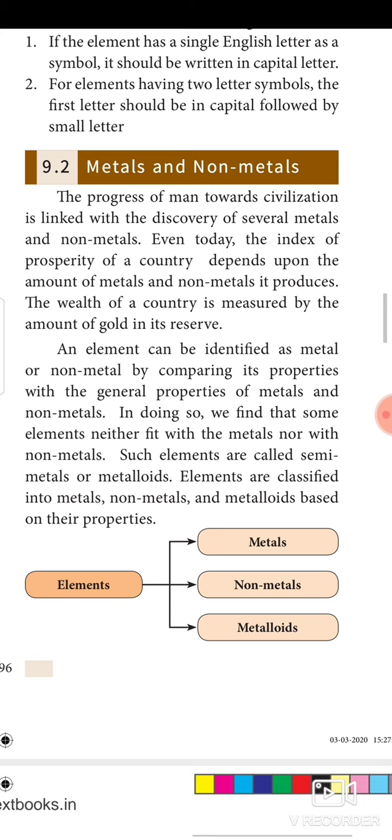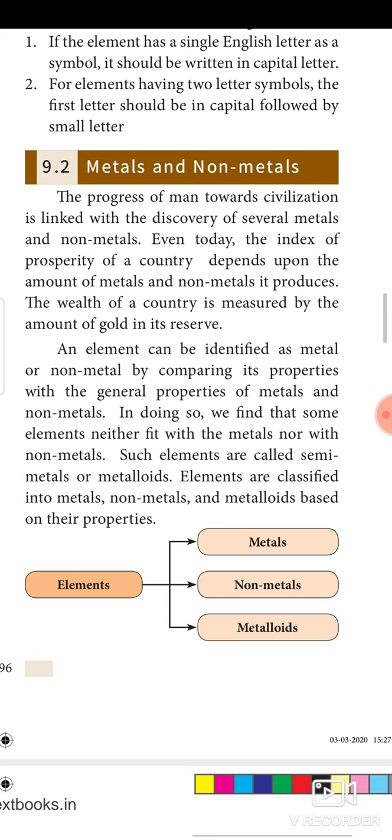So metals have some characteristics, some properties. Similarly, non-metals also have their own properties. When we find a new element, we have to put it into the metal category or the non-metal category, so we have to compare the properties of that newly discovered element.